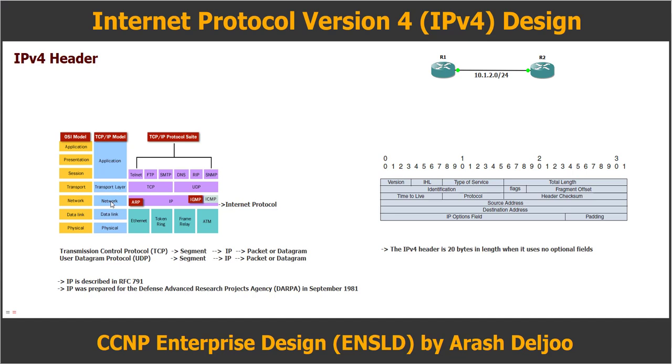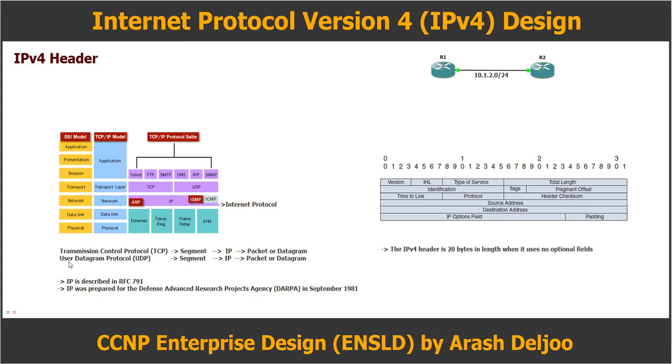And you know that IP is the abbreviation of Internet Protocol. And also, we know that the transport protocols means TCP and UDP. TCP is the abbreviation of Transmission Control Protocol, and UDP is the abbreviation of User Datagram Protocol.